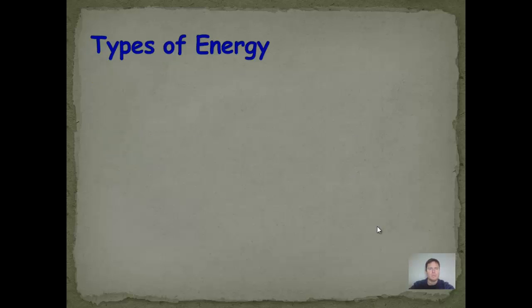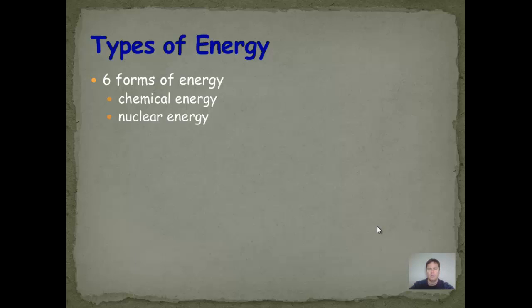Now, with these three categories, there are six basic forms, or six different types of energy that we briefly want to mention. The first one is chemical, and that's what we're going to spend a lot of our time talking about. We also have nuclear, that's the energy associated with the nucleus of an atom. We think of nuclear power plants or nuclear bombs releasing all that energy. We also have electrical energy, which we use every day when we turn on our electronics, turn on lights, make our car go, right?